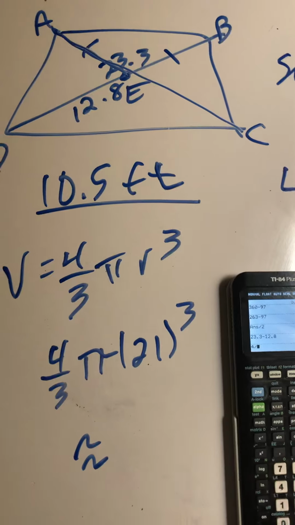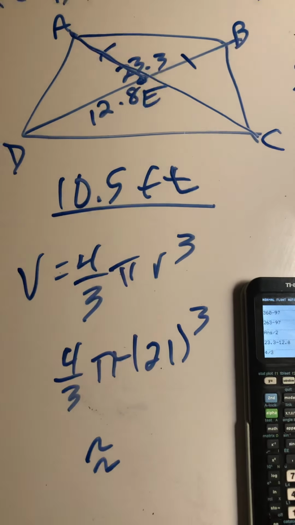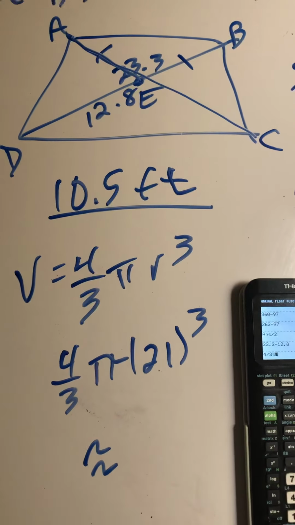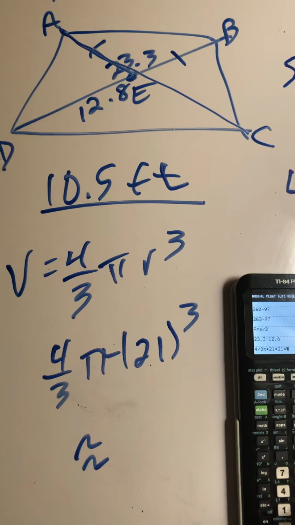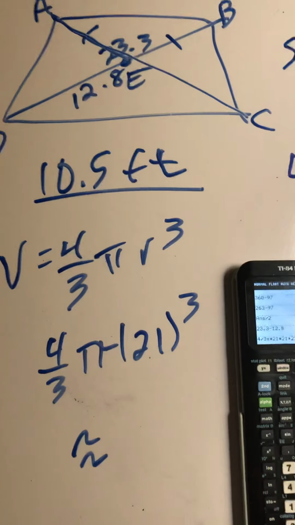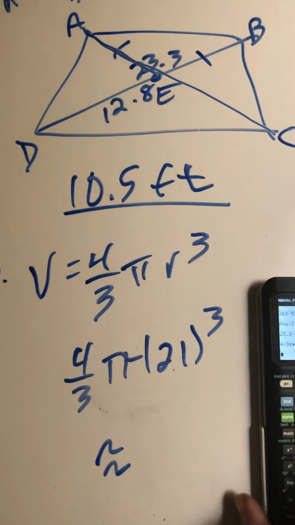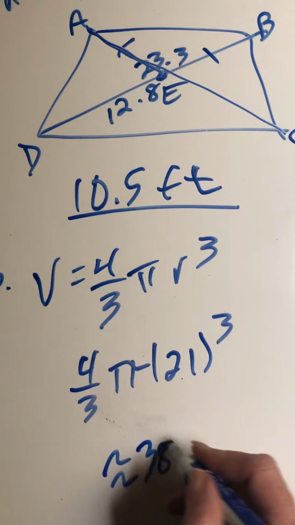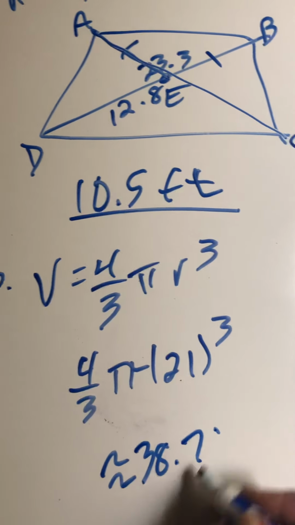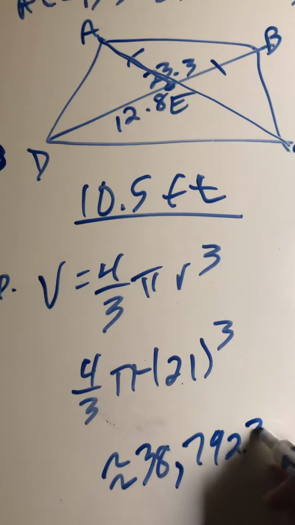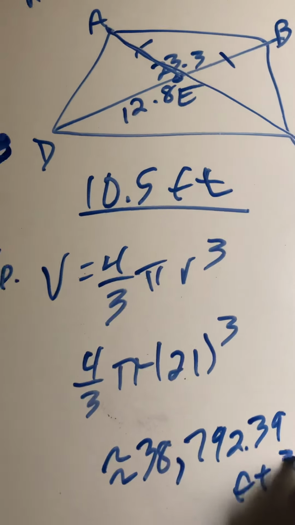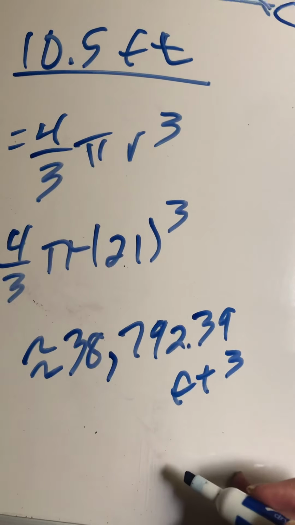So you do 4 divided by 3, use your pi key, and then times 21 cubed. And you can do times 21 times 21 times 21, okay? And then give me at least to the nearest hundredth. And make sure you put feet cubed on it. So it's about that.